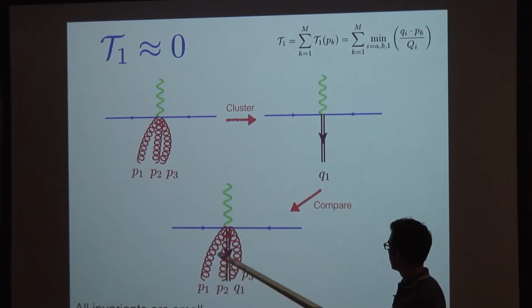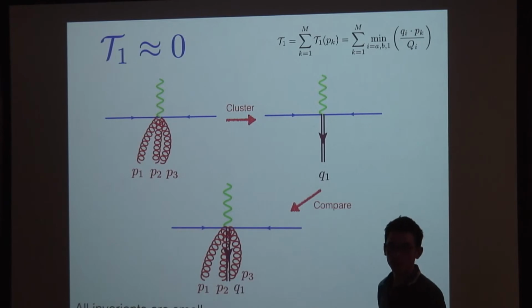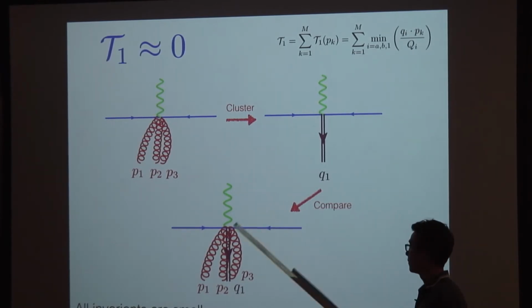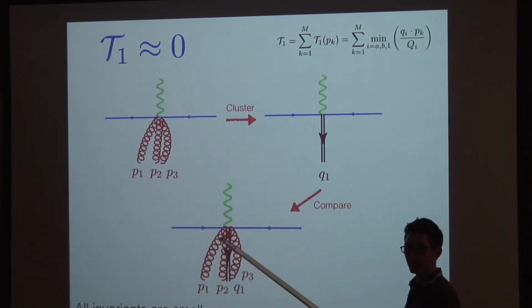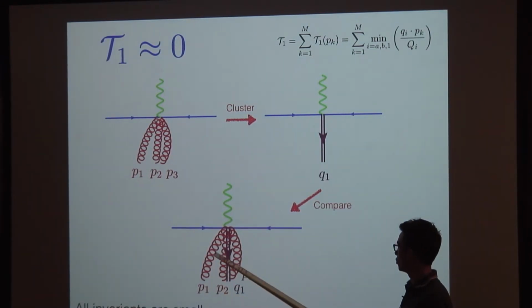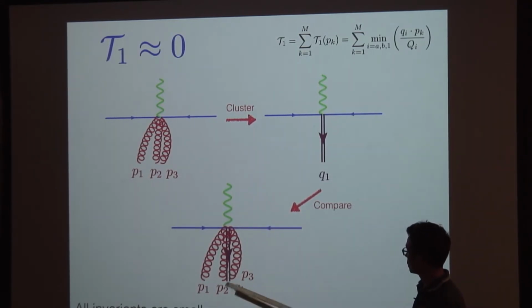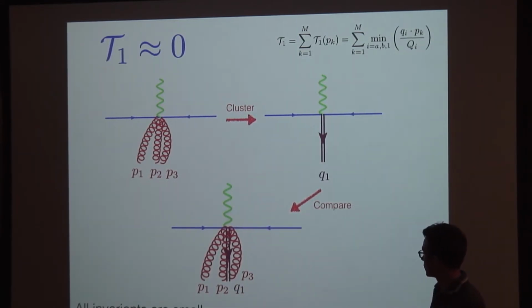So in this configuration, I've drawn them, I think, in the way you were maybe talking about, where everything is collinear, right? So this type of example will be close to 0 because P1.Q1 is small because they're close in angle. P2.Q1 is small because they're close in angle. And P3.Q1 is also small because they're close in angle.